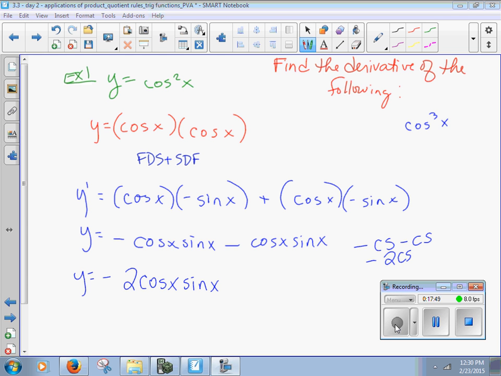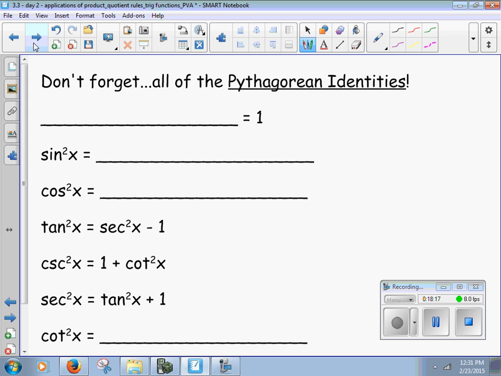So you've got product rule, and we're doing it with two terms. Question: if we have three terms or more for product rule, what would you do? We would do something else.